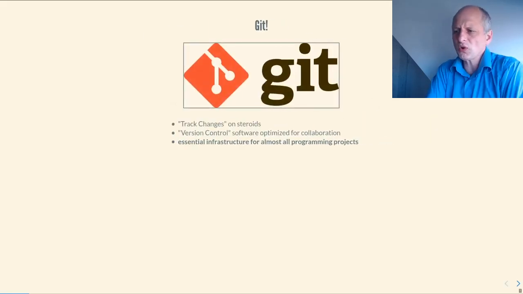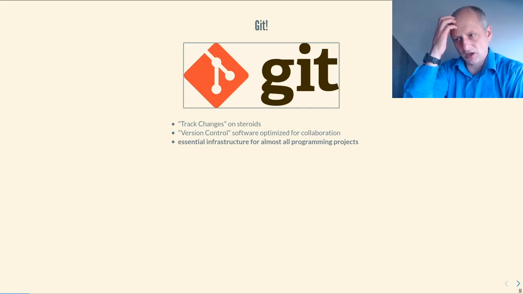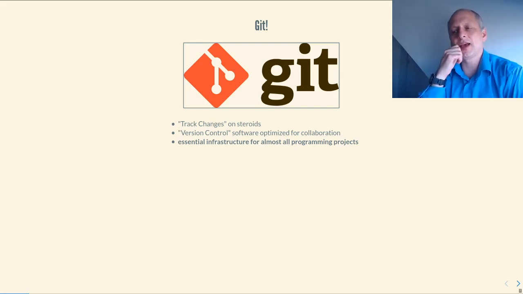So I want to talk about this fundamental piece of infrastructure that we rely very, very heavily on in this class. Whenever anybody does any programming of any significance, it's a tool called Git. You can think of Git as track changes on steroids.